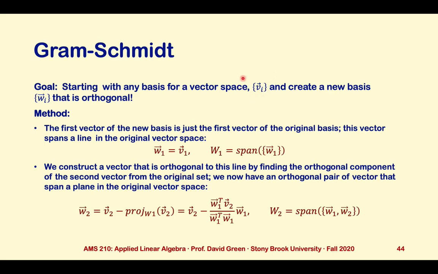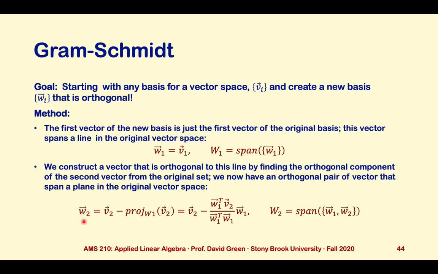We take a second vector from the original set, v2, and we find the component of that vector that is orthogonal to this line. How do we do that? We take the vector minus the projection of the vector onto that line. So v2 minus the projection of v2 onto w1, and that's what our w2 is going to be.